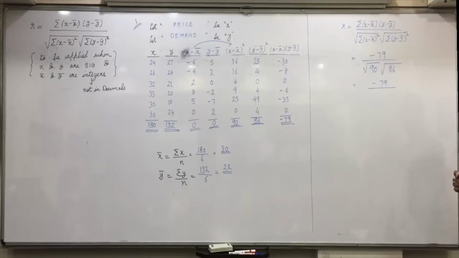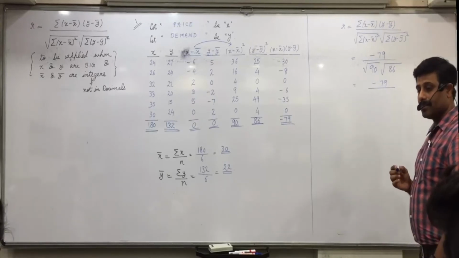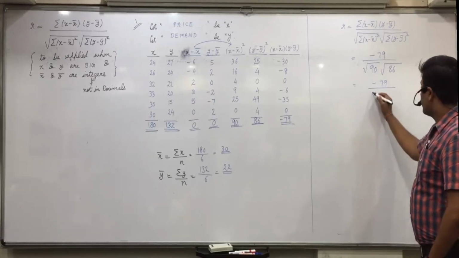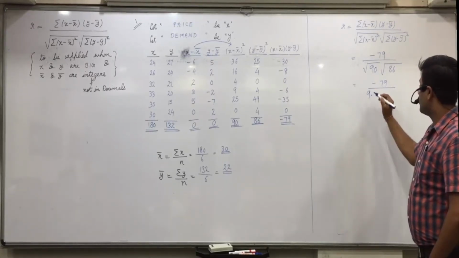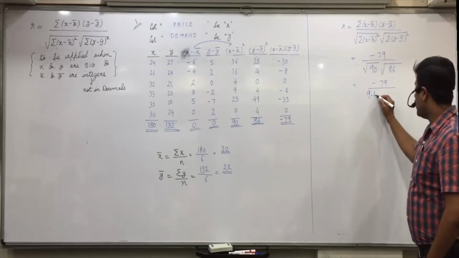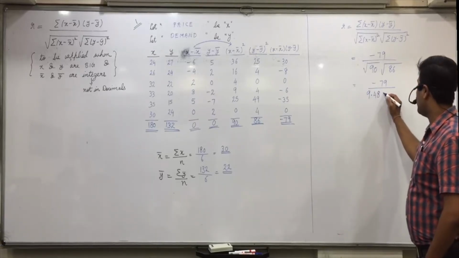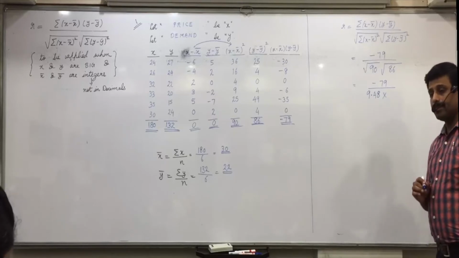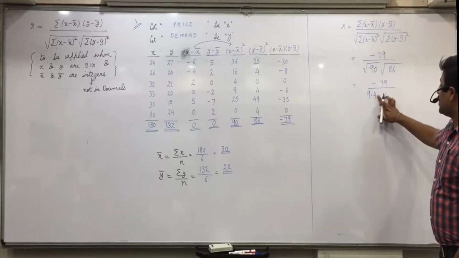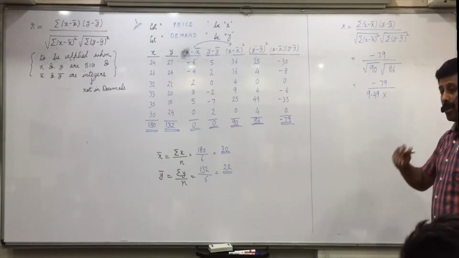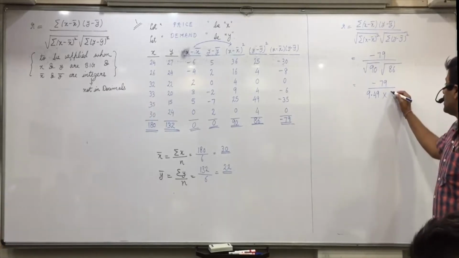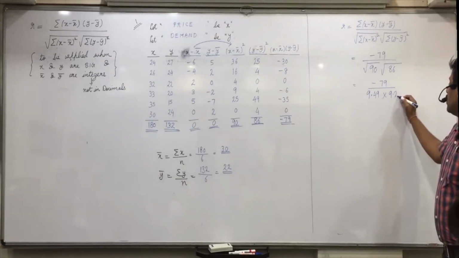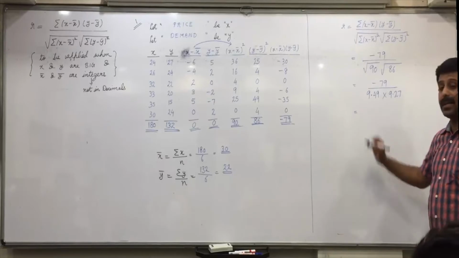Then Basha. Minus 79 upon square root of 90, 9.48, and square root of 86, 9.27. After 8, if it is more than 5, then round it off to the next number. Did everyone understand it?